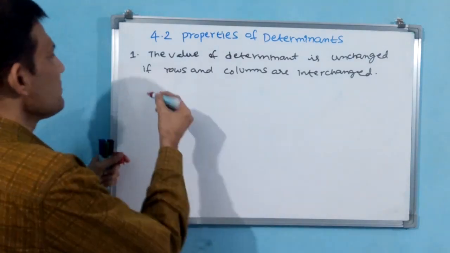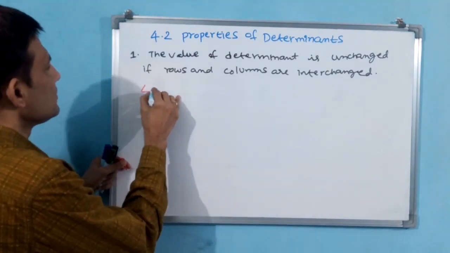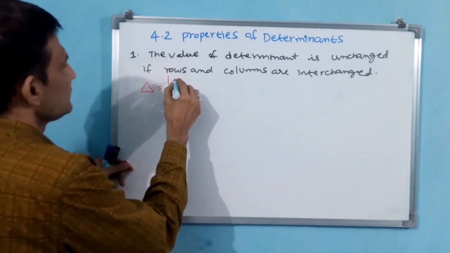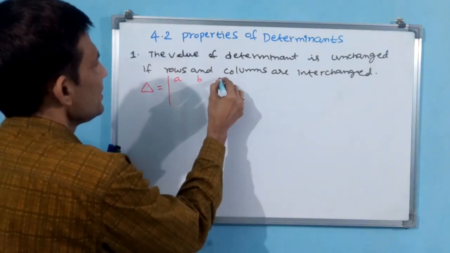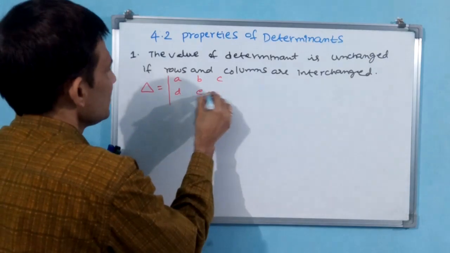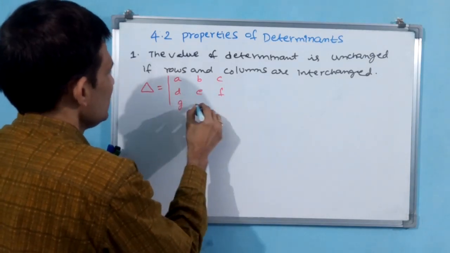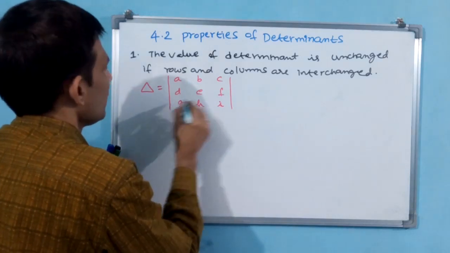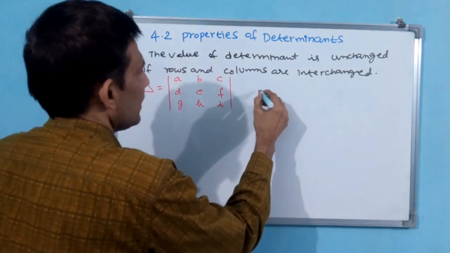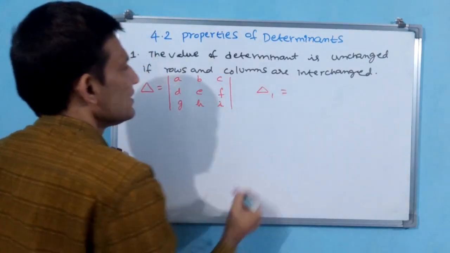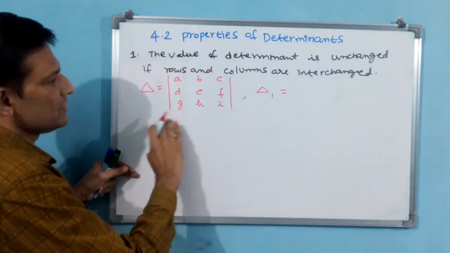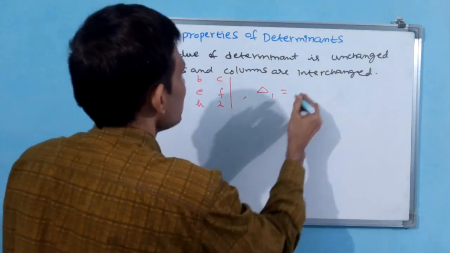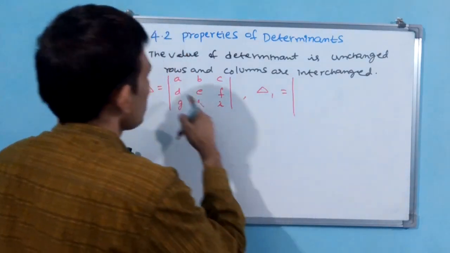Okay, let me see. Delta is equal to A, B, C, D, E, F, G, H, I. And delta 1 is equal to, comma I am keeping. This is delta. This is one determinant, this is another determinant. What is the other determinant? We have interchanged.